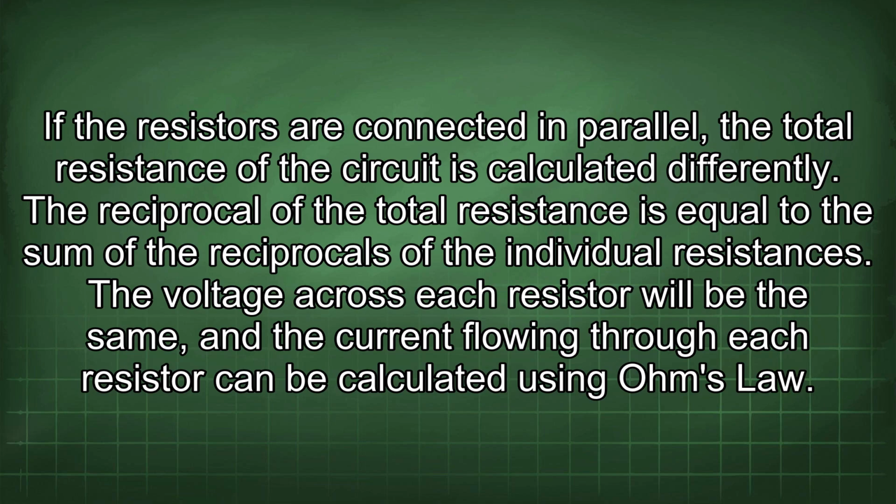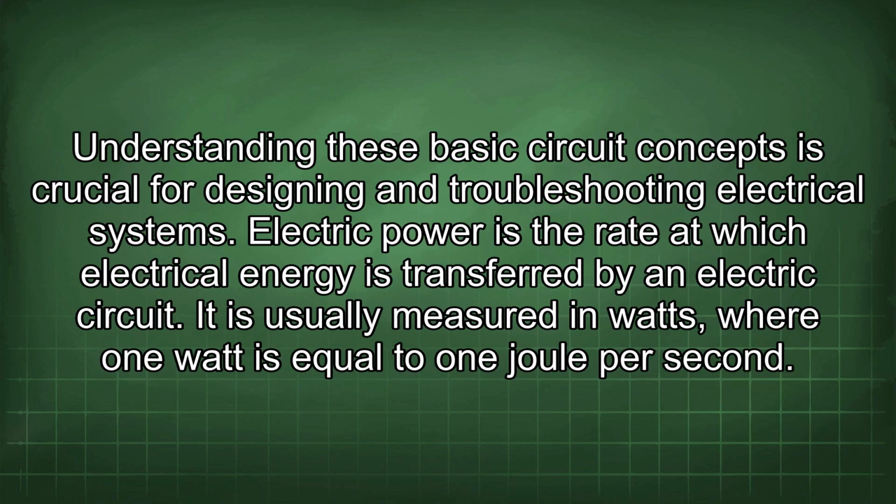The reciprocal of the total resistance is equal to the sum of the reciprocals of the individual resistances. The voltage across each resistor will be the same, and the current flowing through each resistor can be calculated using Ohm's law. Understanding these basic circuit concepts is crucial for designing and troubleshooting electrical systems.